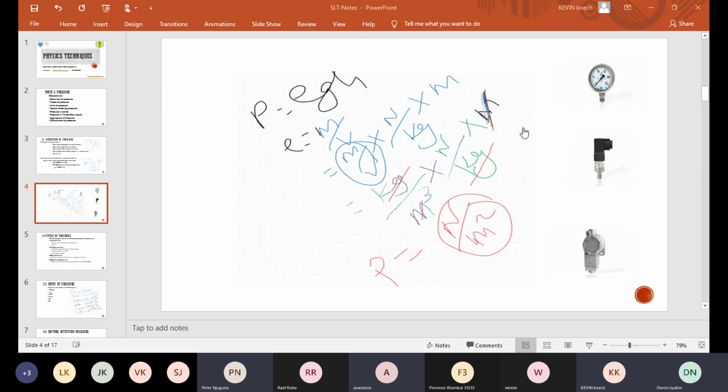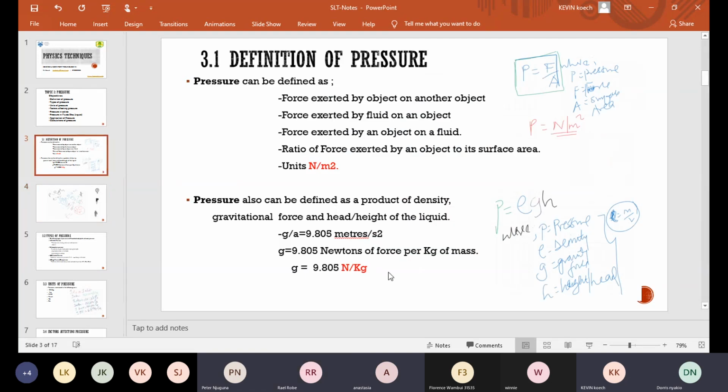Now, when you are using the formula of rho GH, rho is the density of the substance, and then gravitational force, which is 9.8, you may be given. Use G to be 9.8 or 10 multiplied by H. H is the height of a container. You will be given. And then G, have you noted G here?